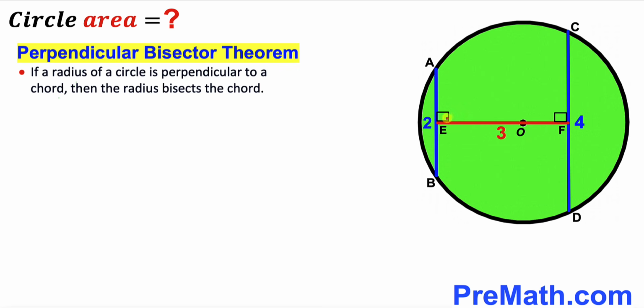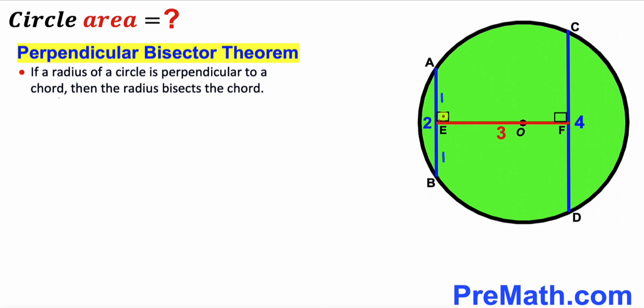So this perpendicular EF is going to bisect the chord AB into two equal parts, and we know the whole chord length is 2 units. Therefore segment AE length is 1, and likewise BE length is 1 unit as well.